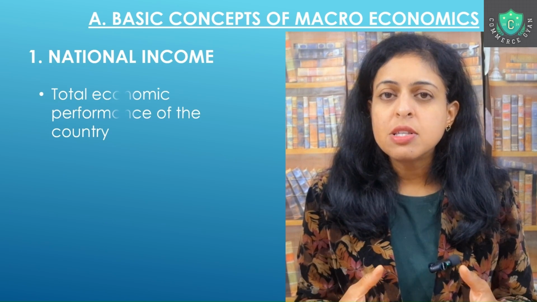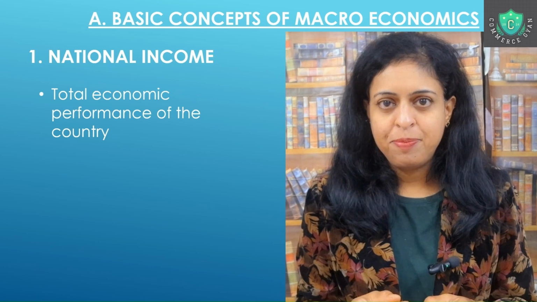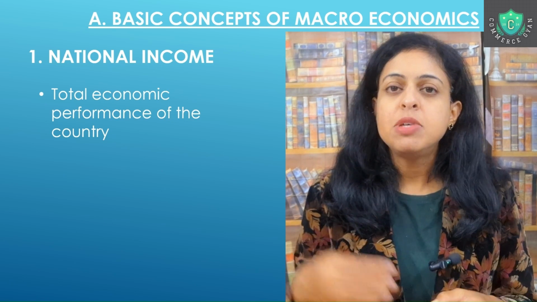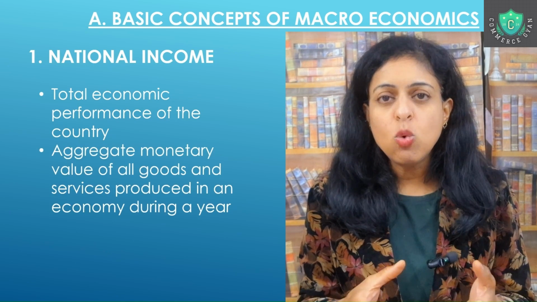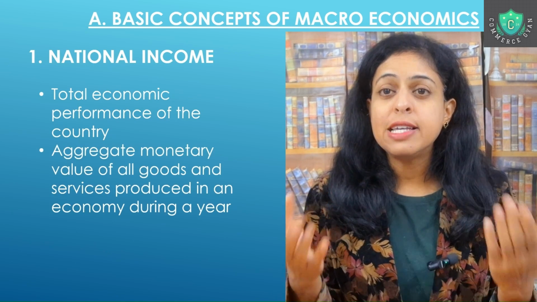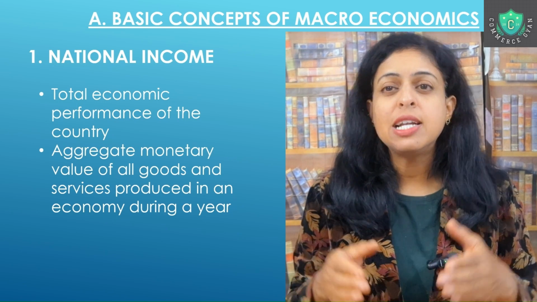What happens if we want to know the entire earnings of India, right? That time, each person's income is added together, and what we get is called India's income, or in economic terms, we say it is national income. So, what is the total income of India?